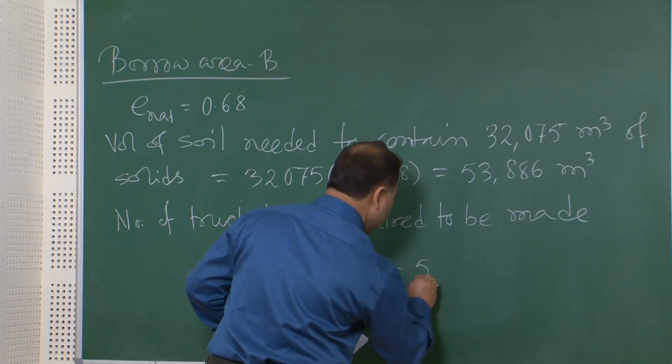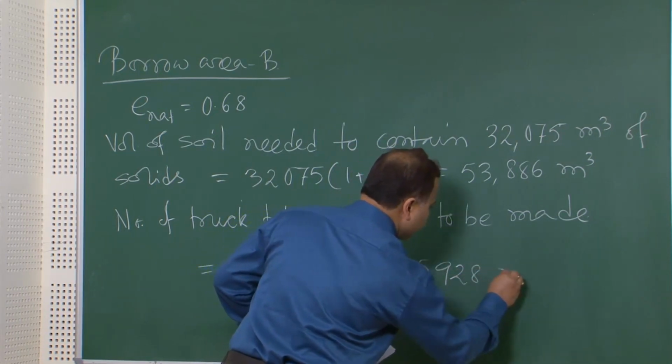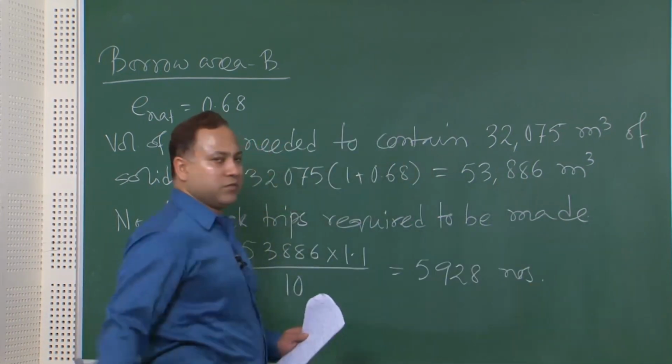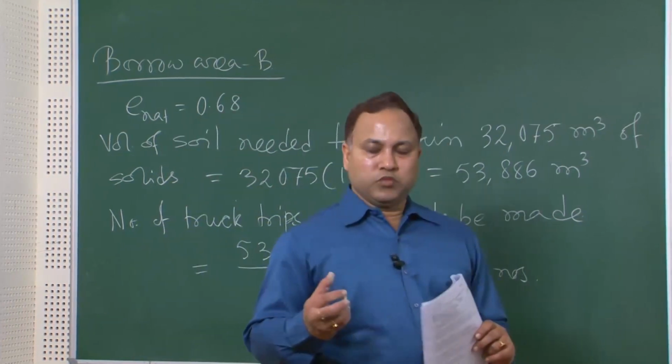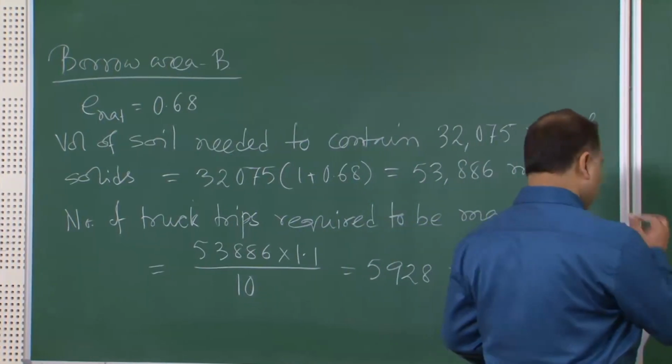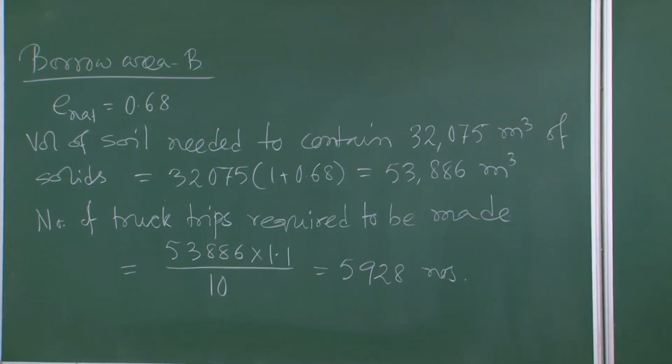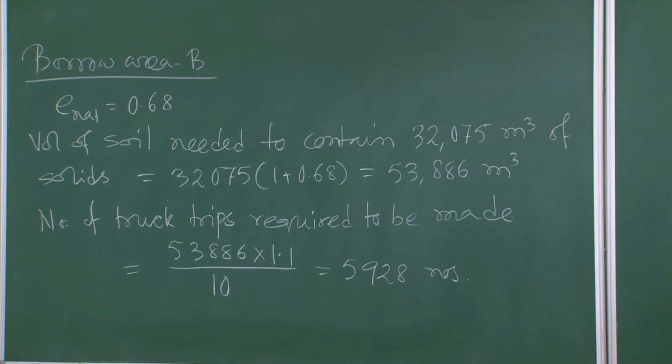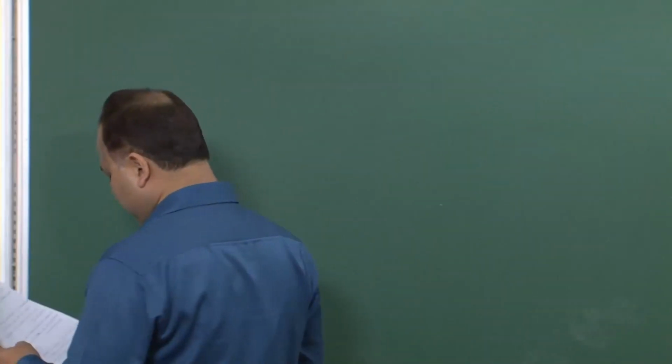That comes to around 5928 trips to excavate and transport the soil from borrow area B. So this many truck trips you need to transport the soil.